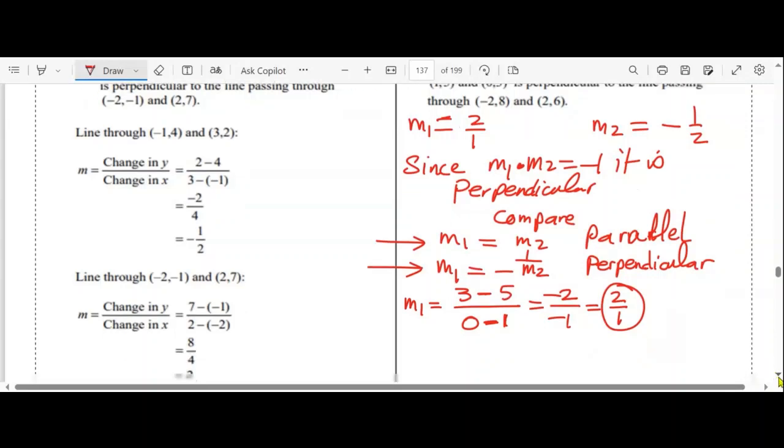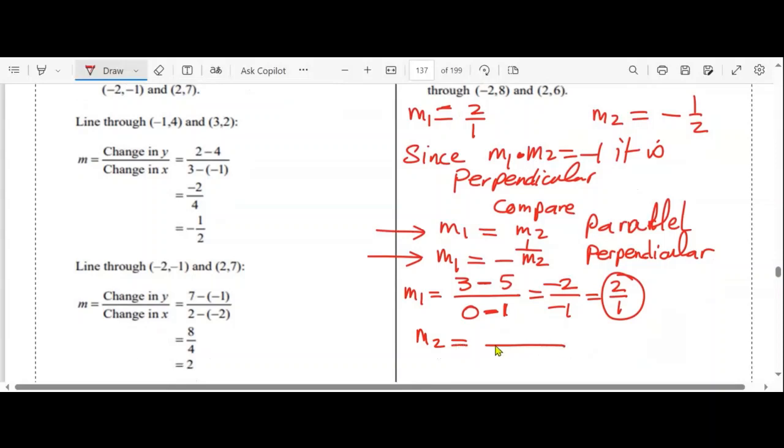M2 is going to be 6 minus 8 over 2 minus negative 2. They give you minus 2 over 4, which is minus 1 over 2.